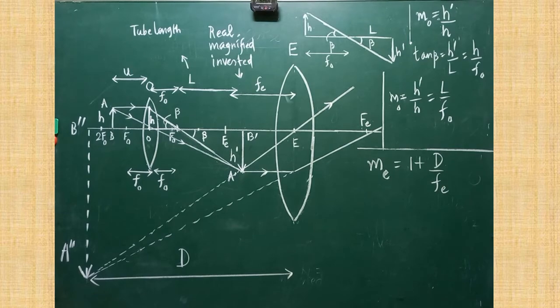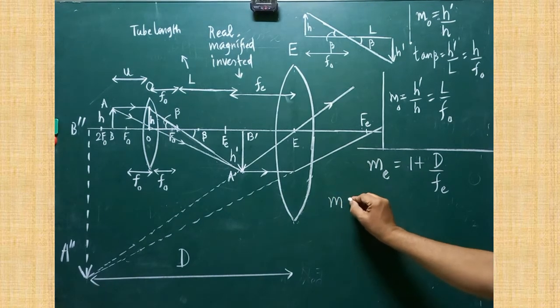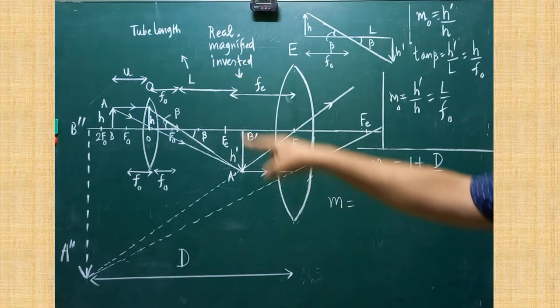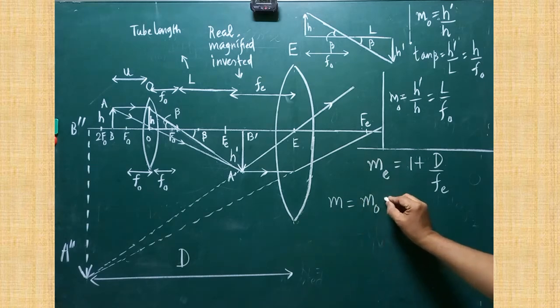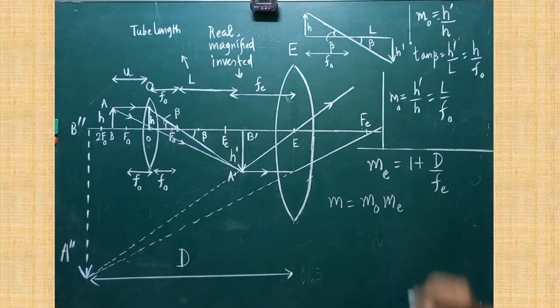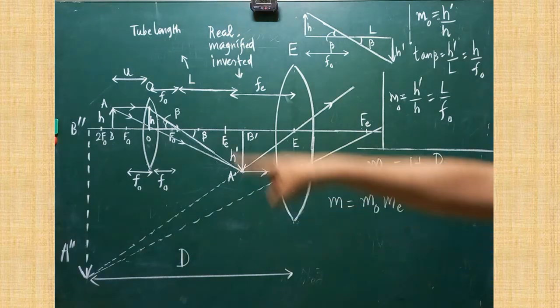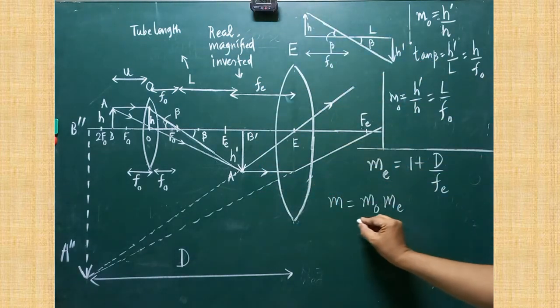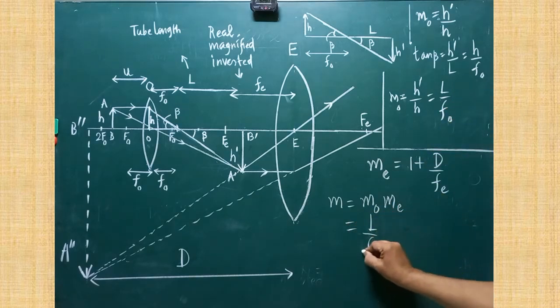Now we are going to get the total magnification which is produced by the compound microscope. So how to get this? M, the magnification of the compound microscope, is equal to MO into ME. Are you clear? The product of MO and ME gives you the total magnification of the compound microscope. Now MO is already found out, L by FO.